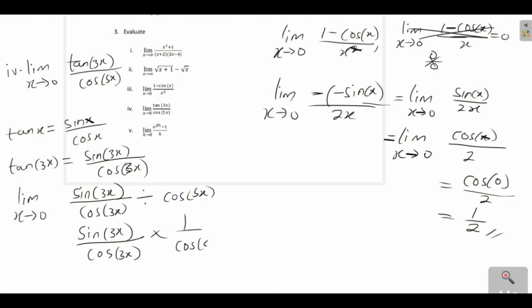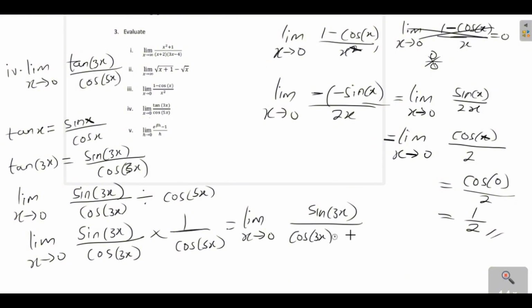Cos 5x. Of course we take the reciprocal. And don't forget we are taking the limit as x approaches 0. And this is equal to the limit as x approaches 0. Of course sine 3x multiplying 1 will be sine 3x. All on, we are going to have cos 3x multiplying cos 5x.